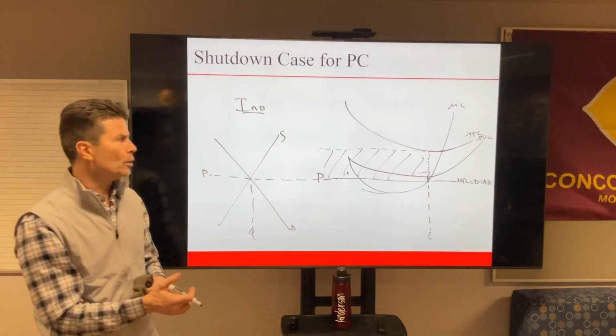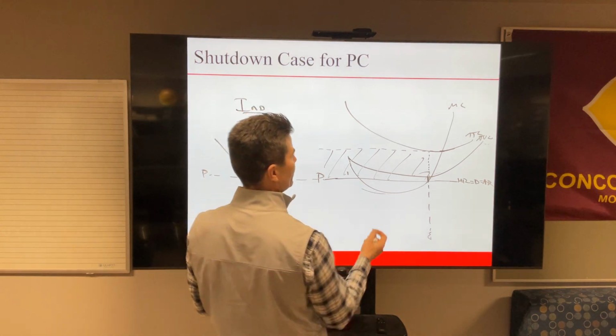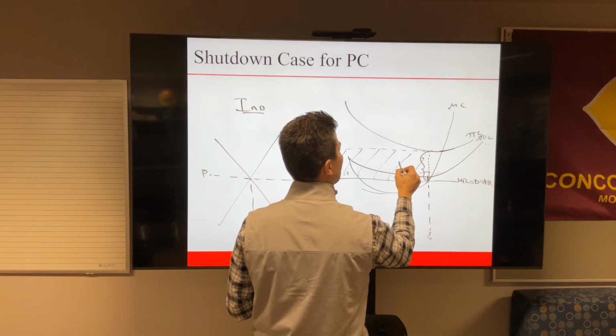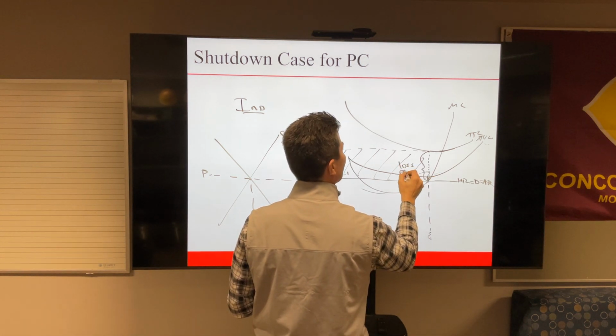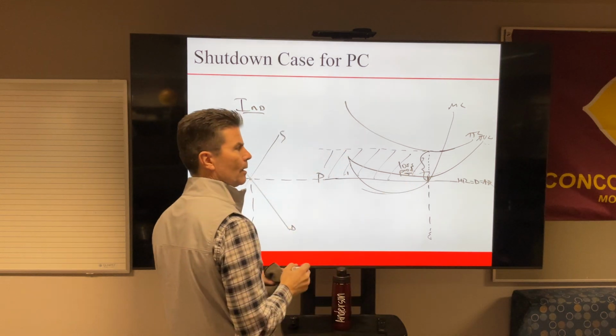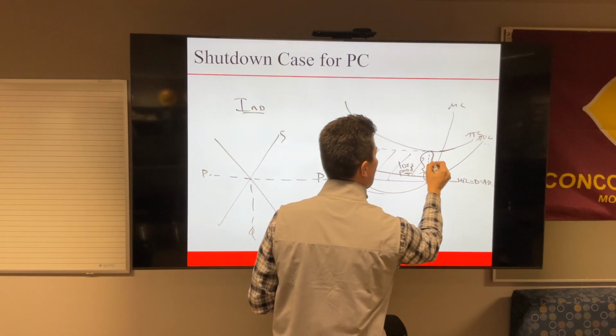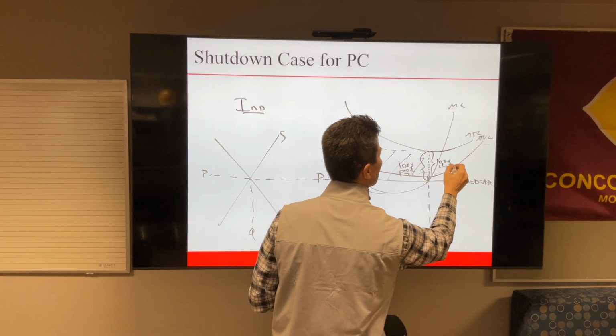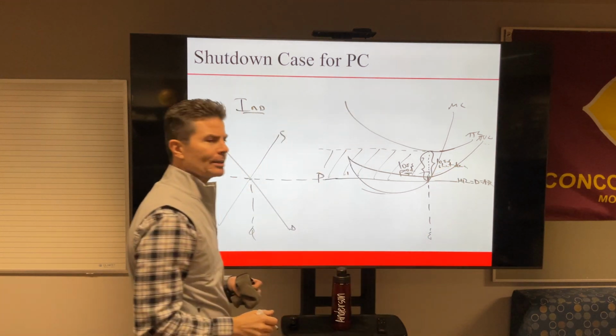Because if I actually produce, my loss, I wish I had a different color marker, here is my loss if I produce. But if I shut down, this is my loss if you shut down.